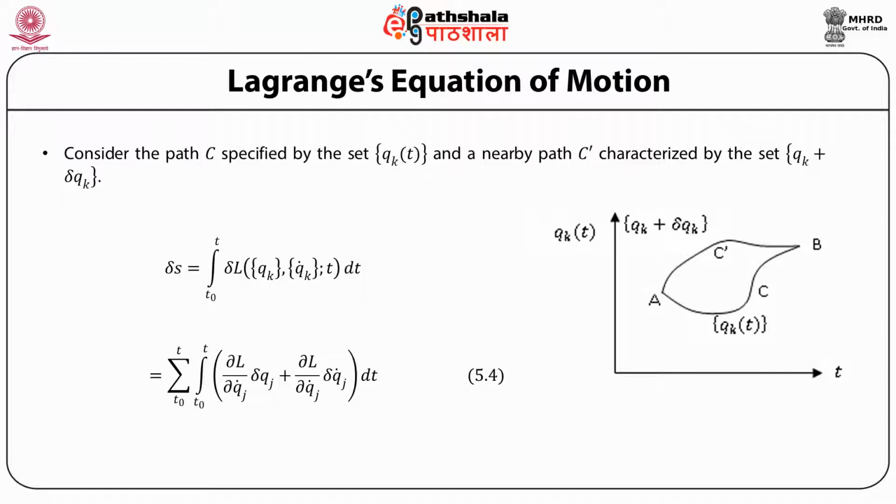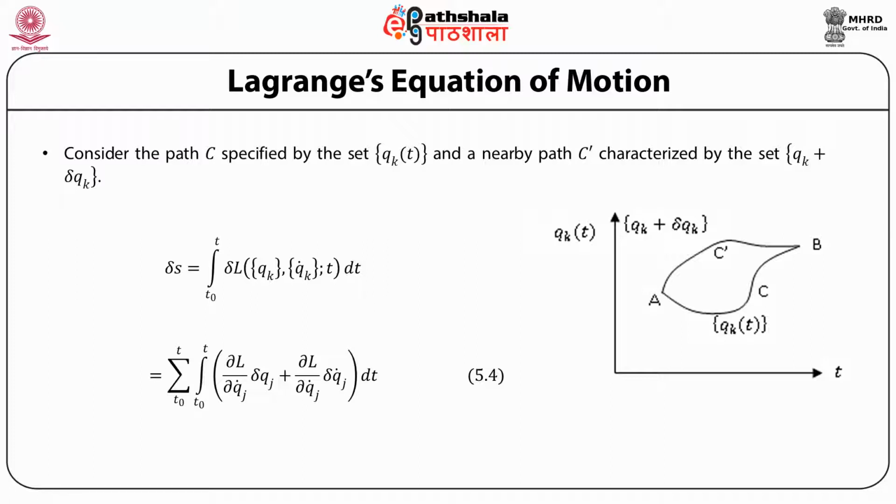Then the change in the action, delta S, is given by the integral from t naught to t of the variation in the Lagrangian, which is a function of the set of generalized coordinates and generalized velocities, integrated over dt from the initial to the final time, t0 to t.